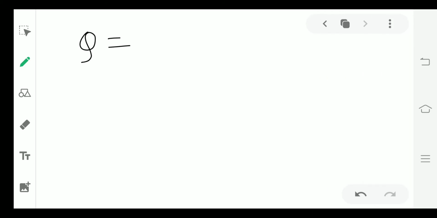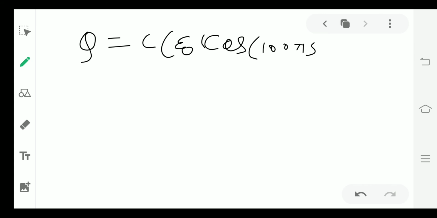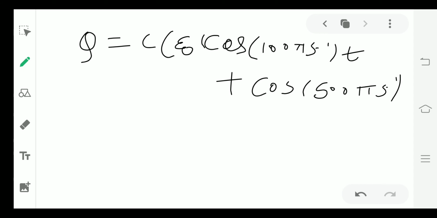So the current is found from Q equals CV. The value of E will be E naught, putting the whole value, cos 100 pi t plus cos 500 pi t.